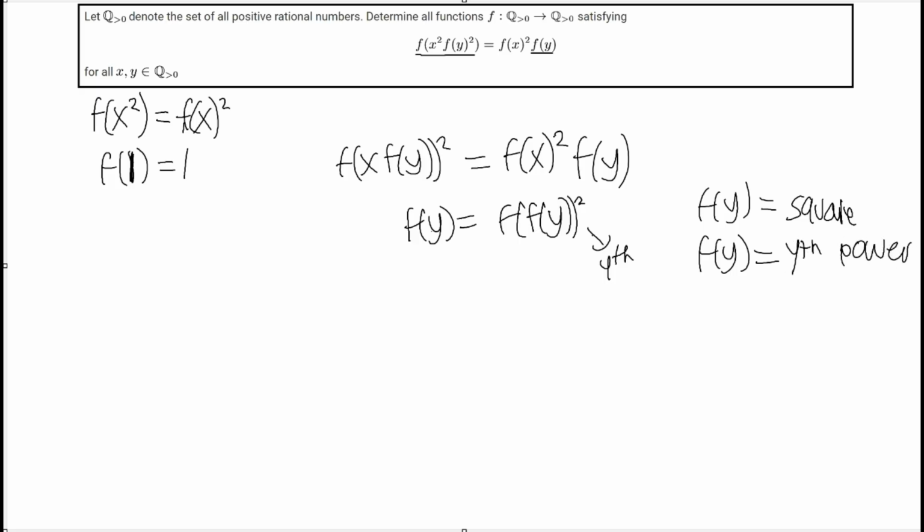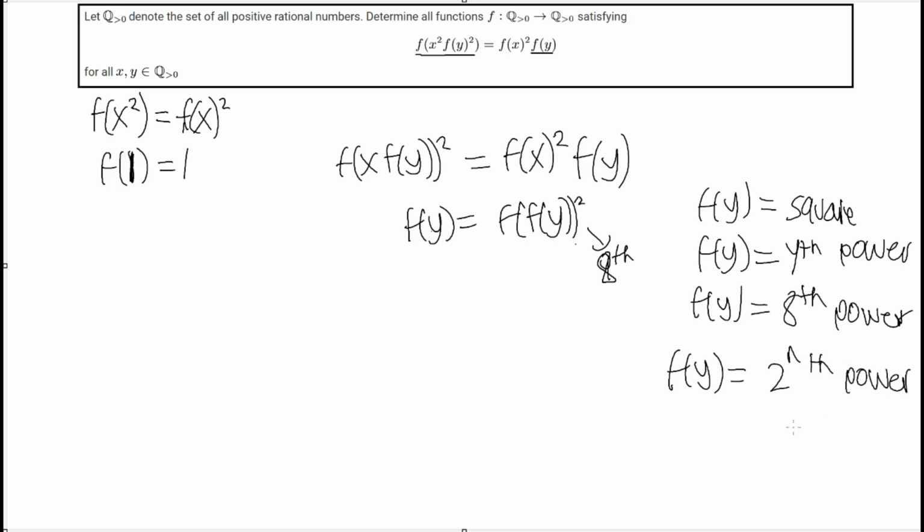I think you can see what is going on here, because that means that this is also a fourth power, which means that it's an eighth power, which means that f of y is an eighth power. And we can just keep doing this. In general, we get f of y equals a 2 to the nth power for all positive integers n.